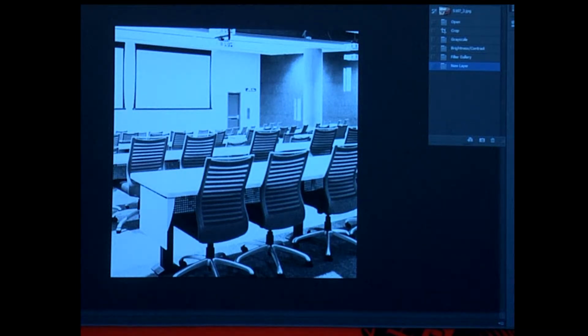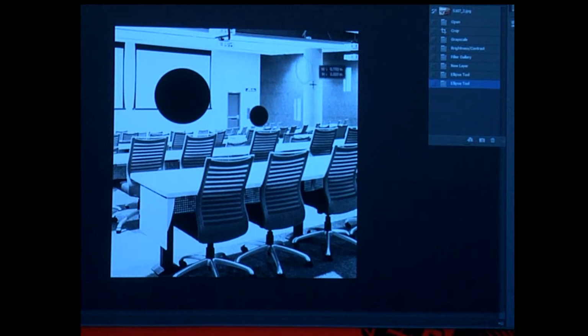I'm going to come over to my toolbar on the left-hand side and grab a shape, the ellipse tool. So I can create a circle of any size that lives on this other layer.